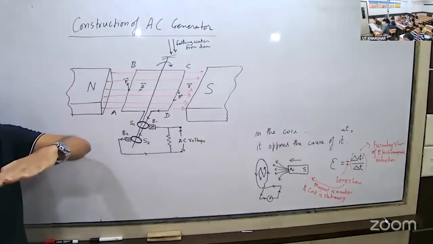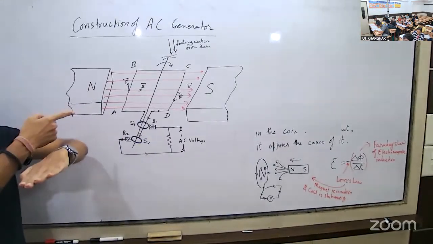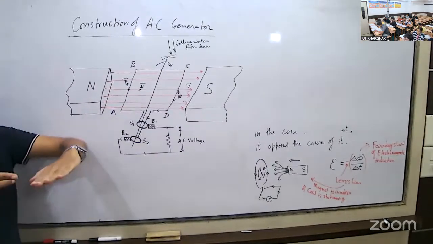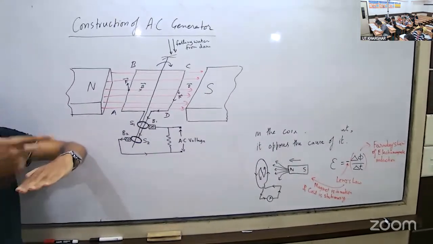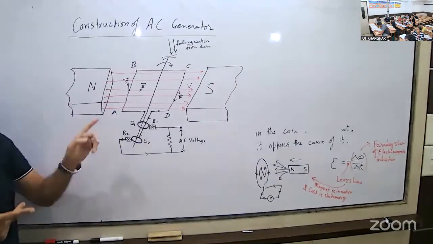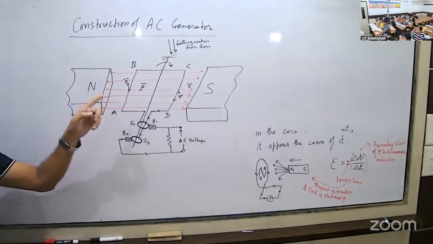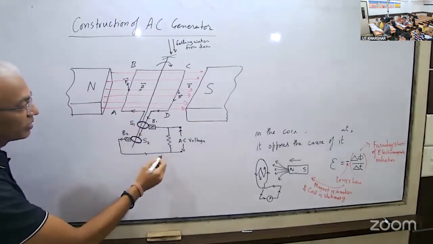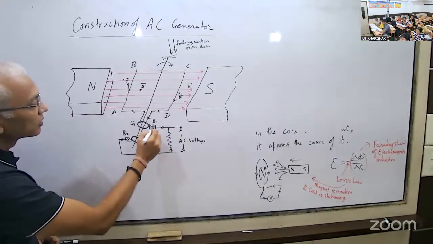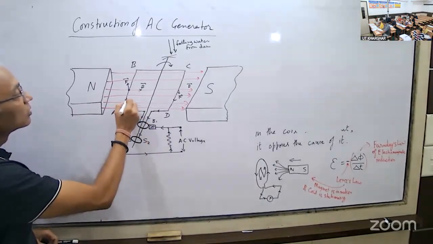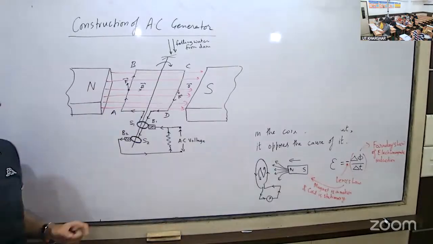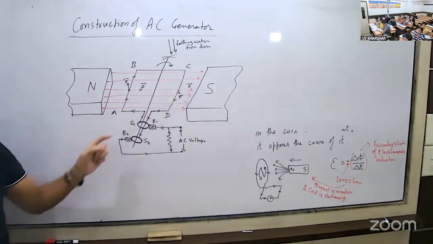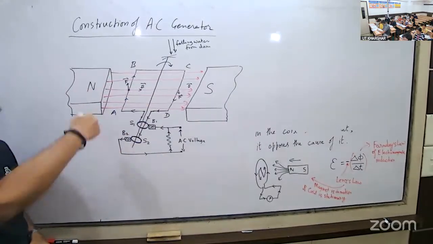So this is A, B, C, D. 3D, right? So this is A to B. Now, where is B? B this side. Force up. So where is the direction of current? A to B. You get it? So now see, the direction of the current here should be like this. That means it matches. Understood? It matches. So the coil is rotated in one direction only.